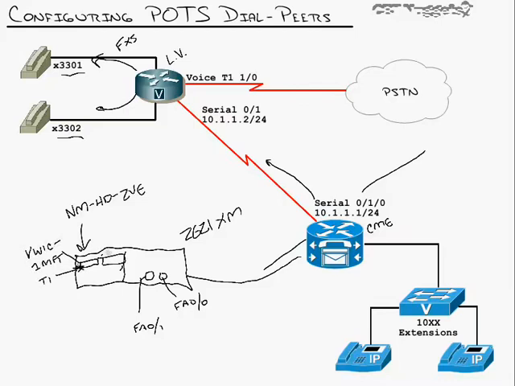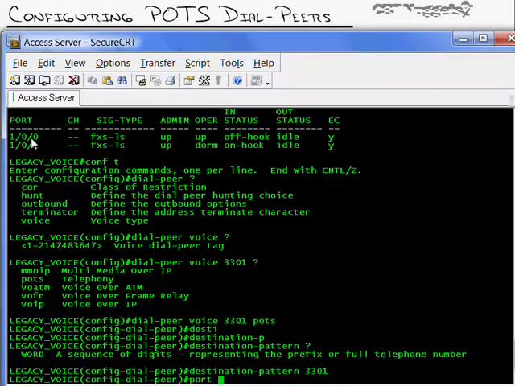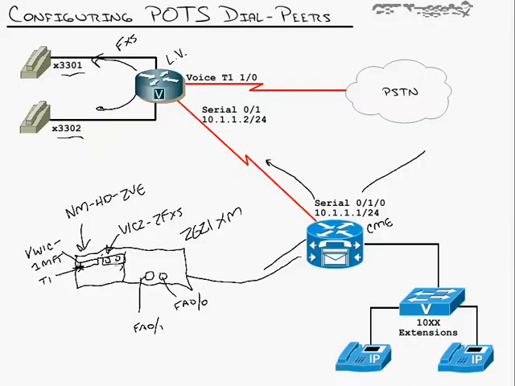The voice module right here is actually a VIC2-2FXS. So when I'm looking at it, there's actually two voice ports on it. So when I do that show voice port summary command and I see that I have port 1/0/0 and 1/0/1, let me bring this back over to the screen. This one is actually 1/0/0. Here's why that is.